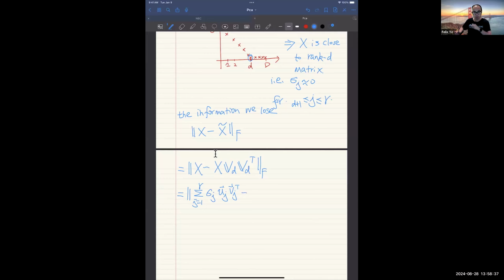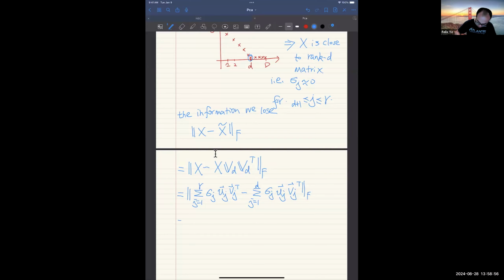However, for x2, here we truncate up to the rank of d, then this will be j from 1 to d, sigma j, u_j, v_j transpose.